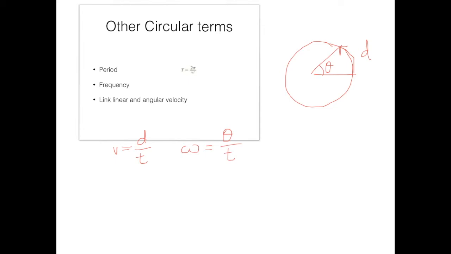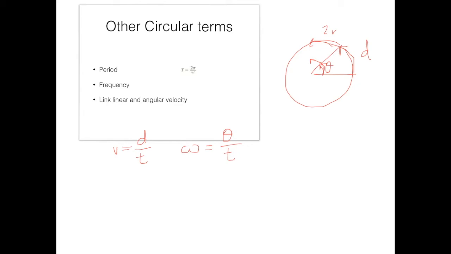If I rotate through 1 radian, then my distance is the distance of 1 radius. If I go through 2 radians, then the distance traveled will be 2 radii. And so the angular displacement corresponds directly to the total distance traveled.